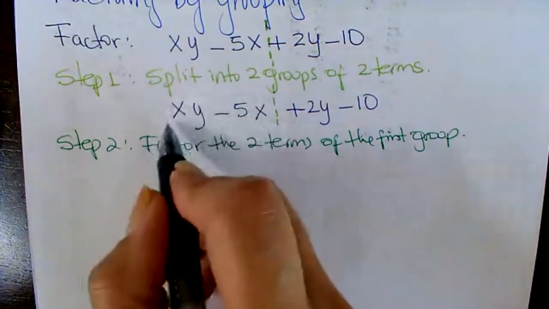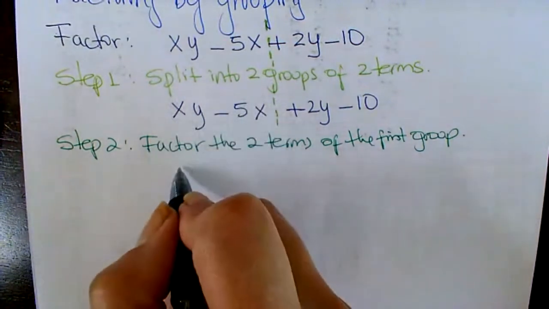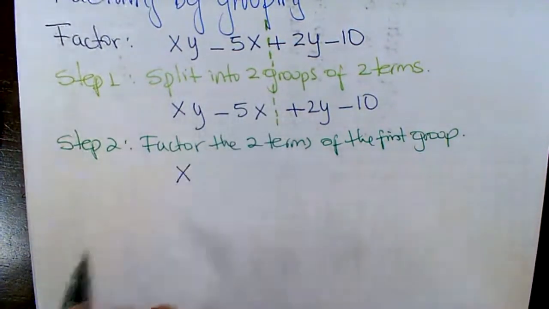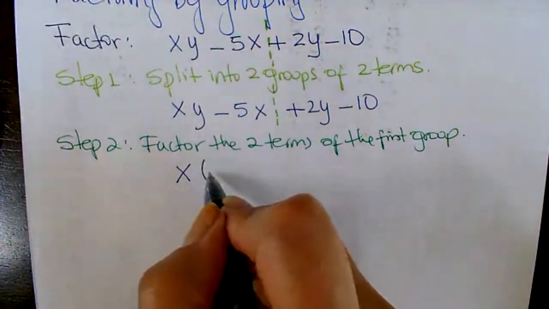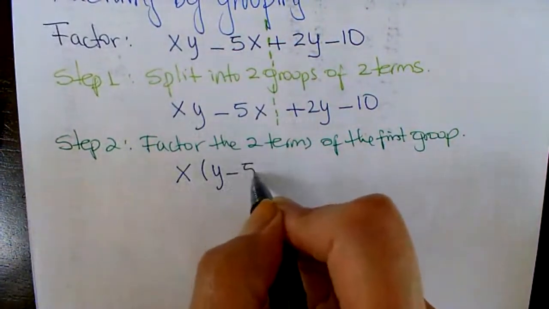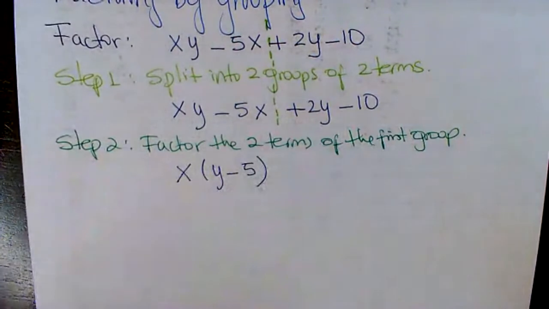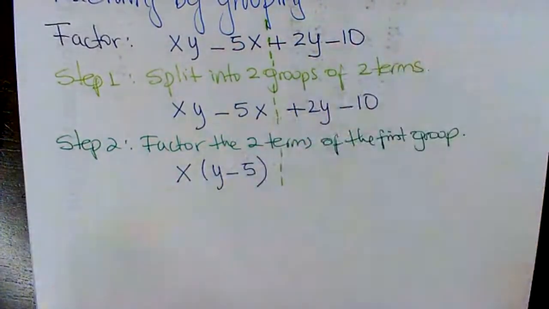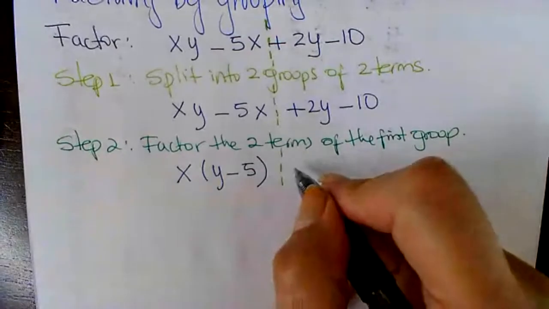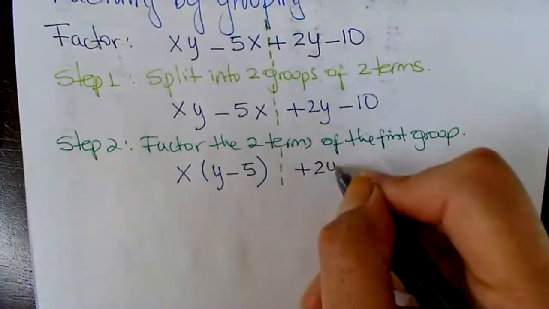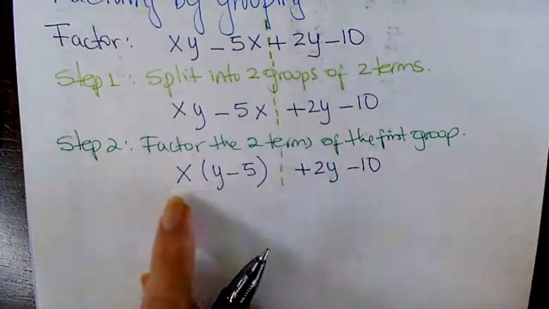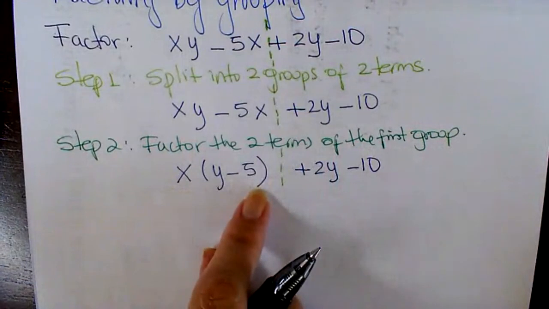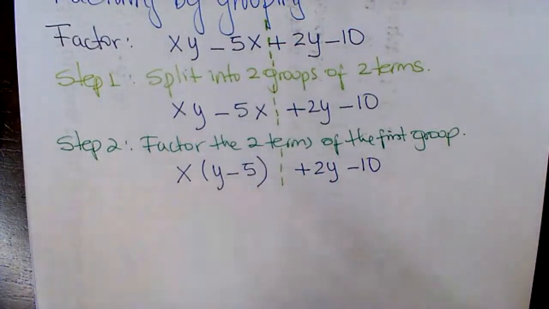Right here, we're going to factor this. What would be the greatest common factor? It will be x. What is left over? Y minus 5. So I just factor the two terms of the first group.